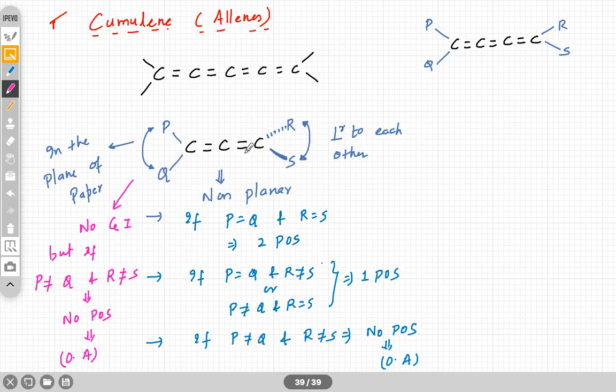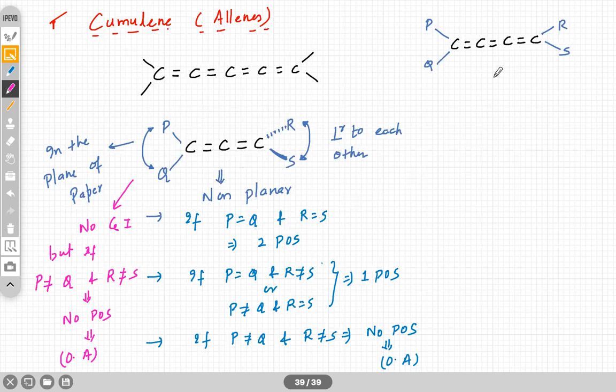So this molecule can show optical activity if this condition is there, P not equal to Q, R not equal to S. Okay, the molecule is non-planar, you see it is in X, these two are in the perpendicular plane. That's why if P is equal to R and Q is equal to S, then only there won't be any plane of symmetry, right? Because those groups are in different planes.